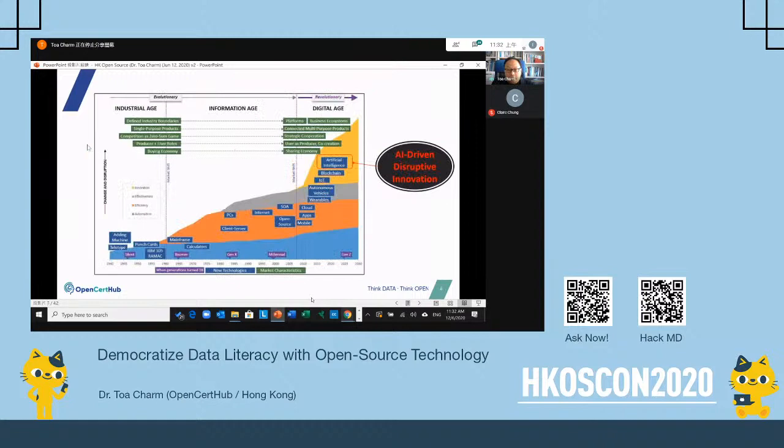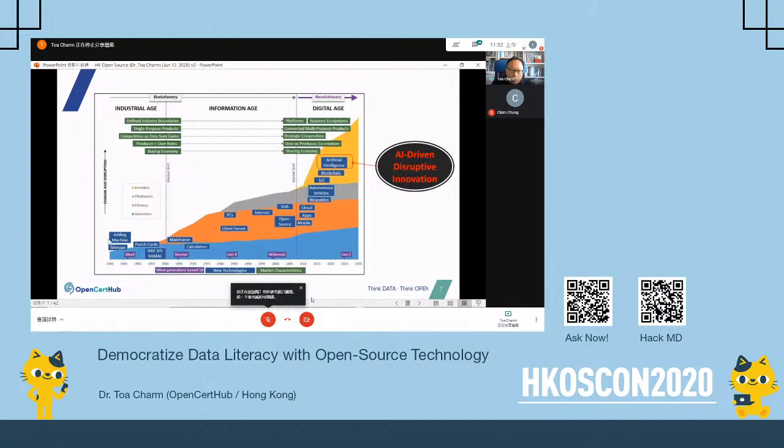So you look at this chart, I think I like this chart very much because many of us, right? Yeah, I think probably 80% of you are coming from the tech background, right? Usually we start from the blue color. So all this technology from the industry age to information age to digital age, right?